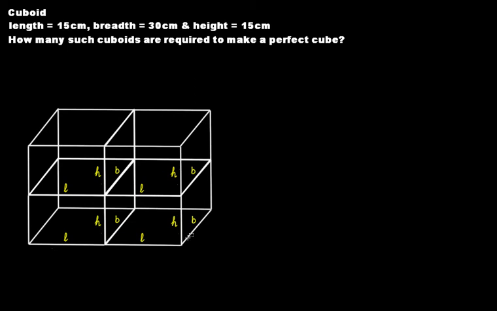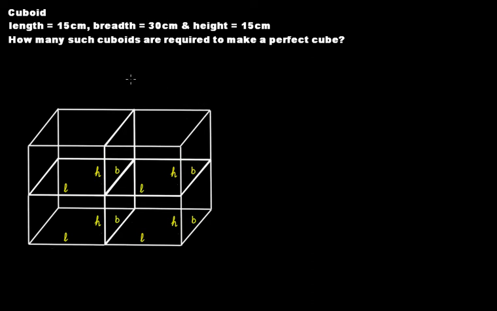How? This breadth is already 30 centimeter, right? As given here. Now what we have done is, this length plus length is now equal to 15 centimeter plus 15 centimeter is equal to 30 centimeter. So length is equal to breadth now. And the same thing with the height. Height is 15 centimeter plus 15 centimeter, it's now 30 centimeter.